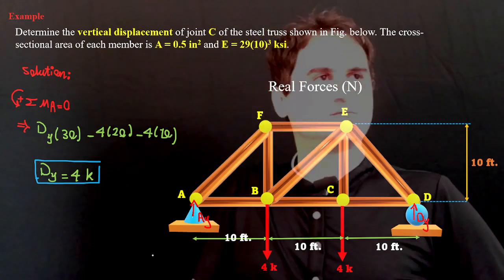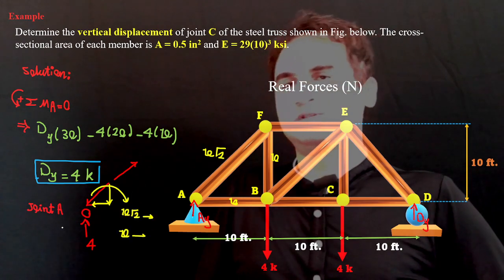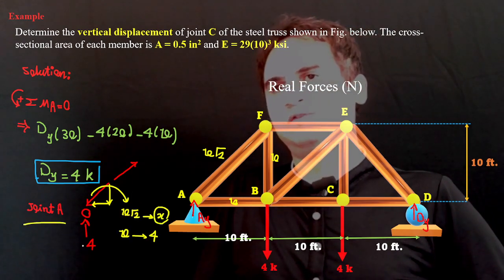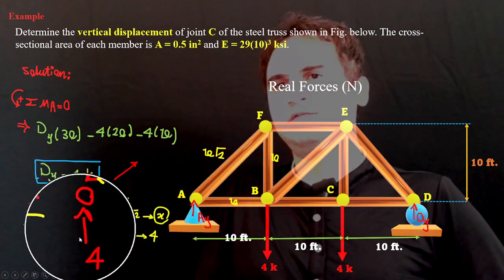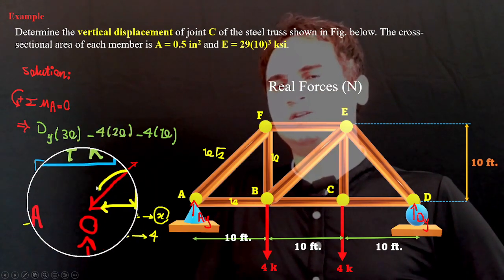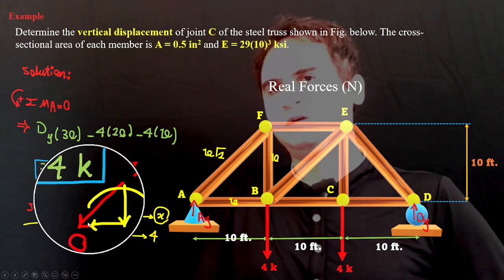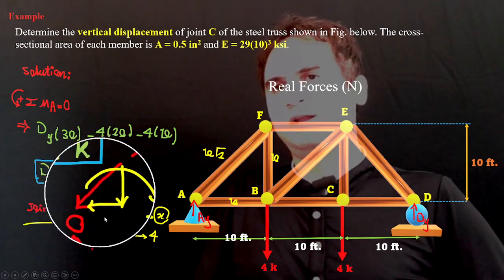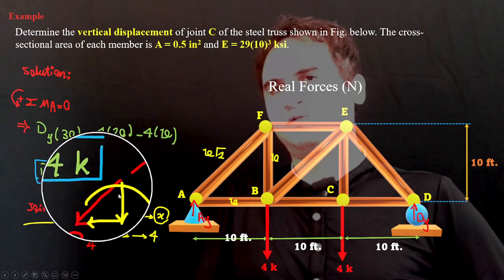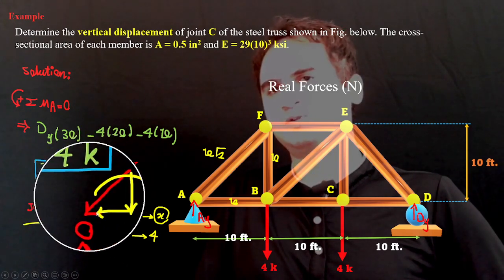With this in mind, let's go to the structure. At joint A, we do have a 4K upward force. It should be cancelled out by a downward push. So it's pushing joint A upward, so the other force should be downward, a push to joint A, and also downward.